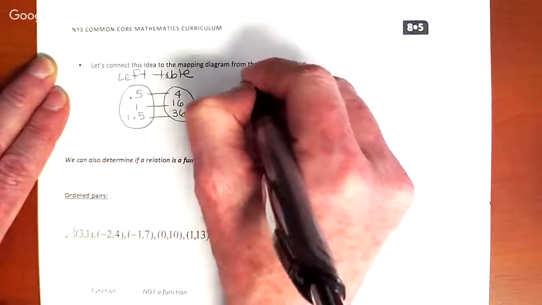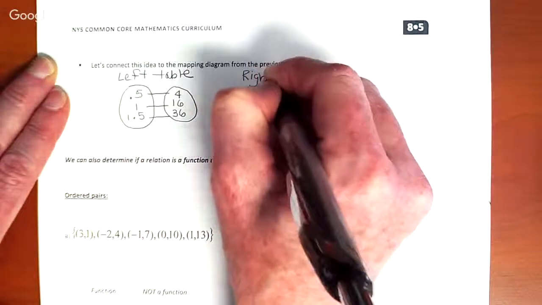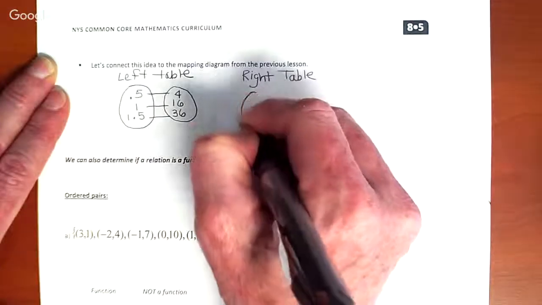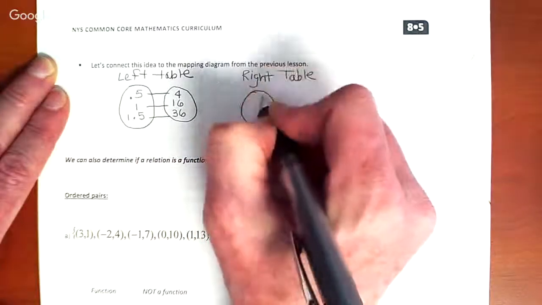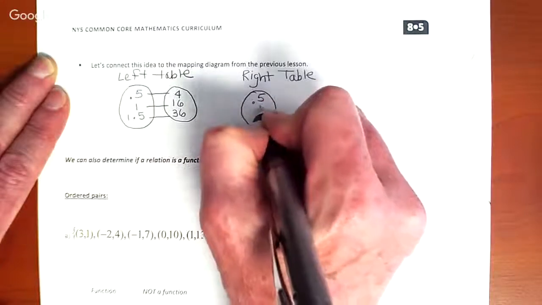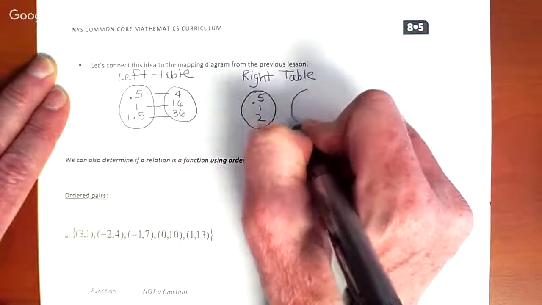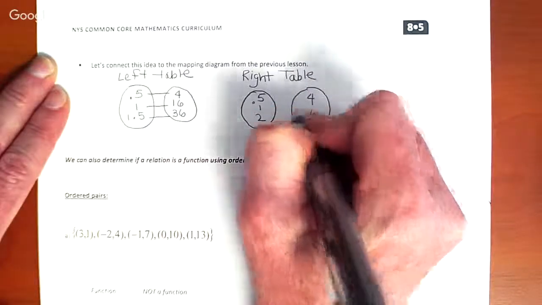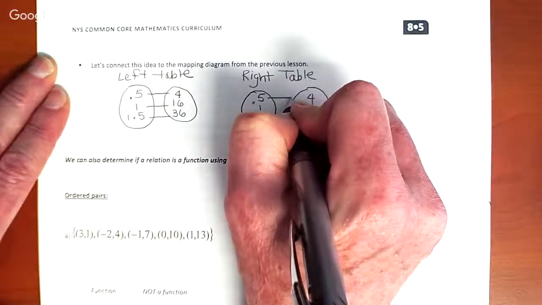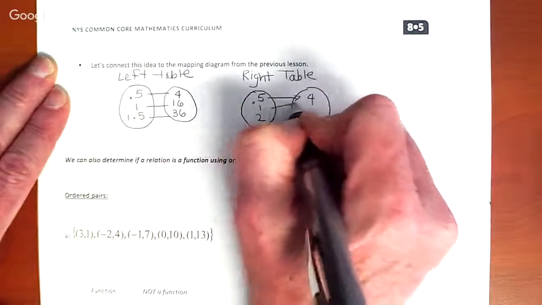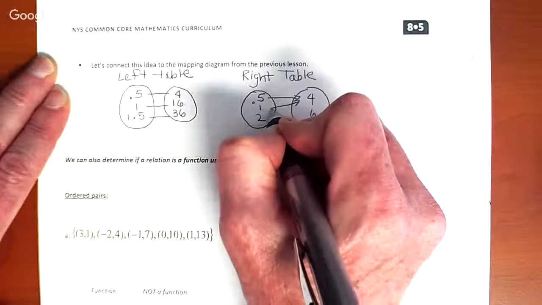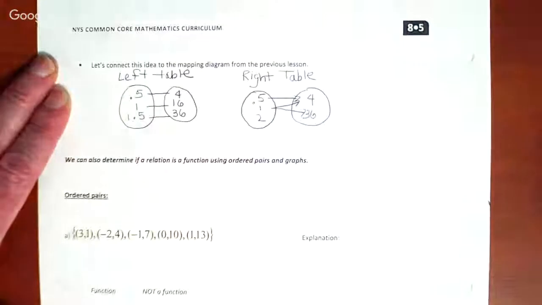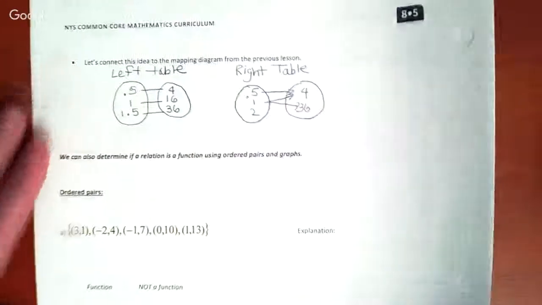On the right table, we have 0.5, 1, and 2. And they go to 4 and 36 here. So 0.5 goes to 4, 1 goes to 4, and 1 goes to 36. Both 4 and 36.